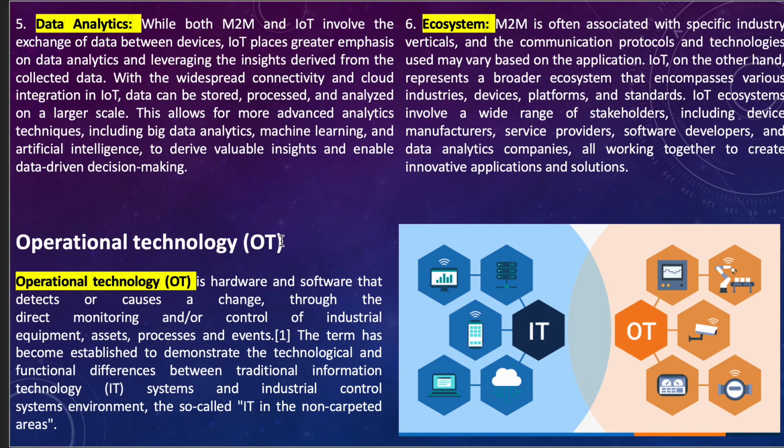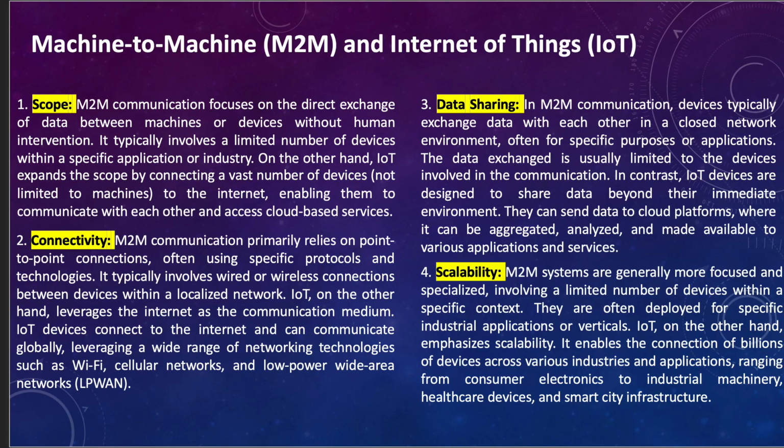So in a modern day M2M environment, or if somebody asks you to join an M2M project, it would lean more towards IoT designs rather than M2M legacy designs, right? The scalability, the scope, the amount of data sharing and the connectivity would not be limiting. It would be similar to an IoT system.